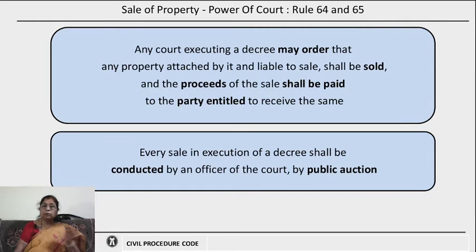It also mentions that every sale in execution of a decree shall be conducted by an officer of the court, and that also by public auction. This is stated in Rule 65.